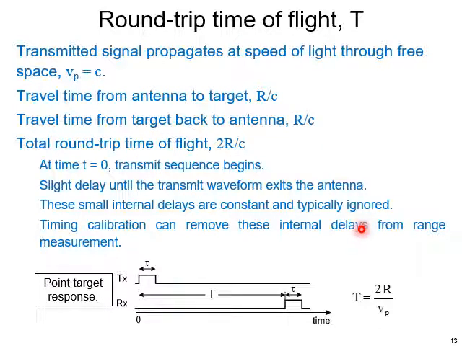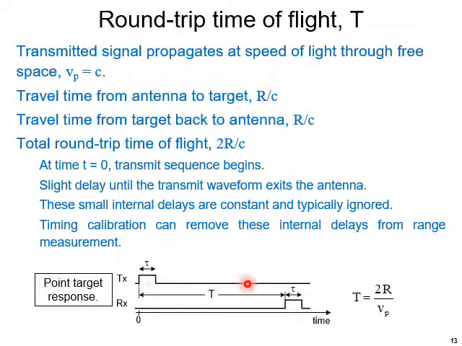Now consider the basics of radar measurement, how it measures distance. The transmitted signal propagates at the speed of light through free space, where the phase velocity Vp is equal to c, the light velocity. So the travel time from antenna to target is r by c. If this is the transmitter, the receiver is placed at the same point. We transmit a pulse of width, say, tau.